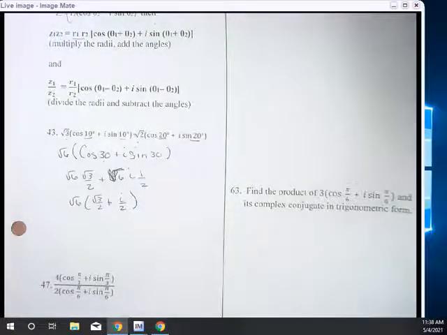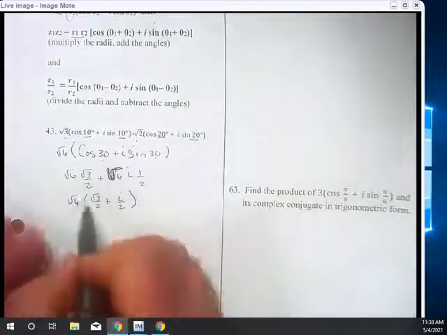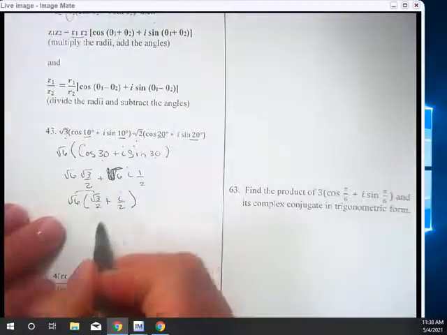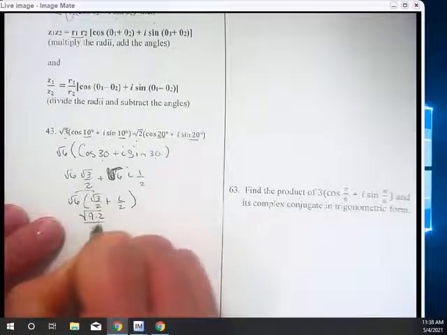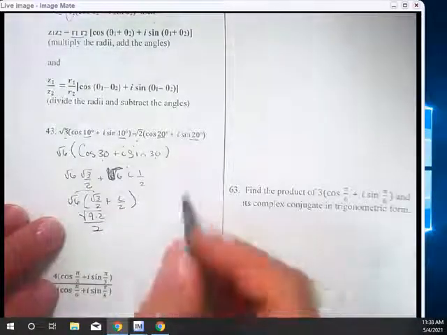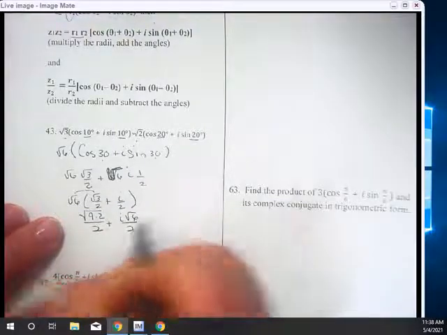Well, if the answer says to round to decimals, you would just type those into your calculator and write down your decimal approximations. If they say leave them in exact answer form, you've got the square root of 6 times radical 3, which is square root of 18. The square root of 18 is 9 times 2, plus i square root of 6 over 2.